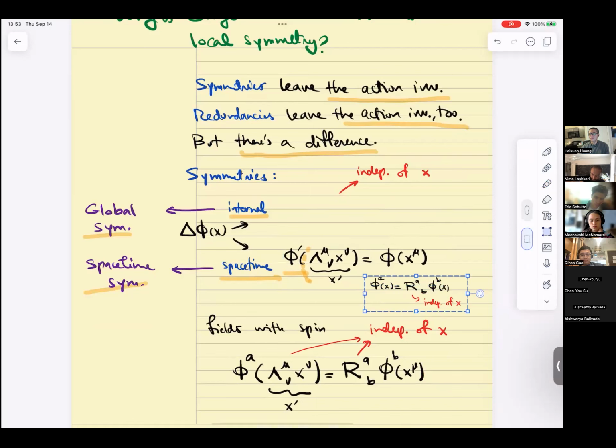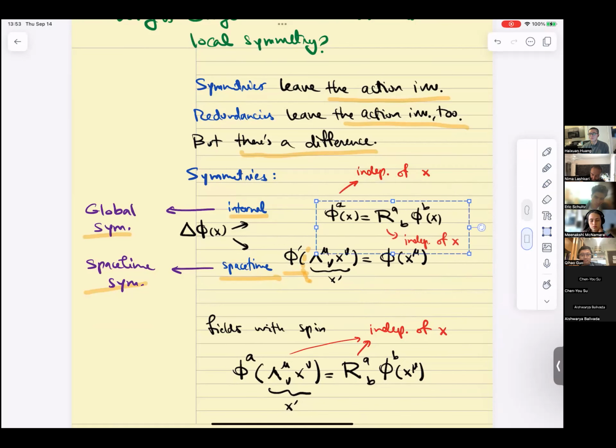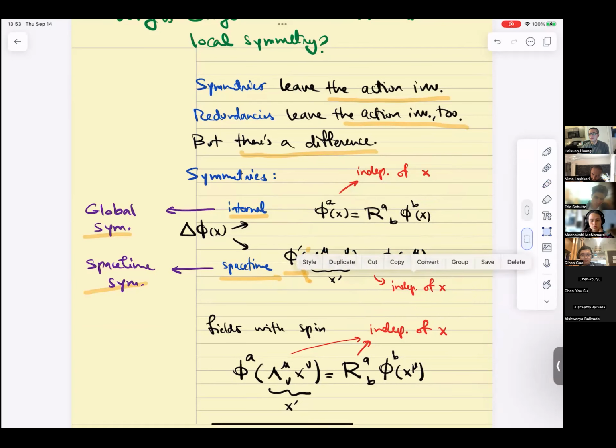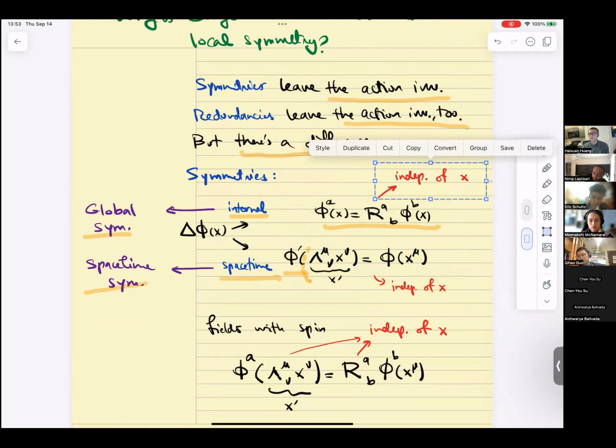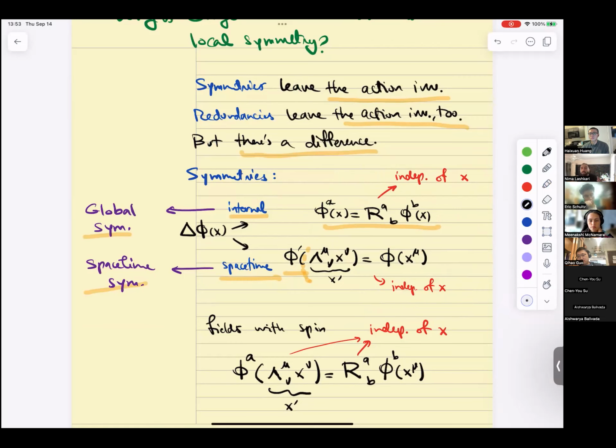This is a space-time transformation. So an internal transformation is like this, right? But importantly, the transformation matrix, the representation, is independent of the point, right? So it's something that occurs at every point in space.